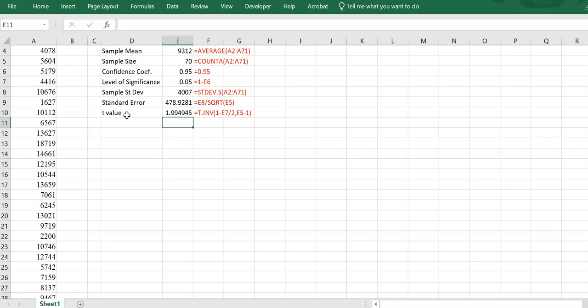So now I have almost all the ingredients for finding the margin of error and the interval estimate at the end. For the margin of error, I said we call the t value times the standard error the margin of error.